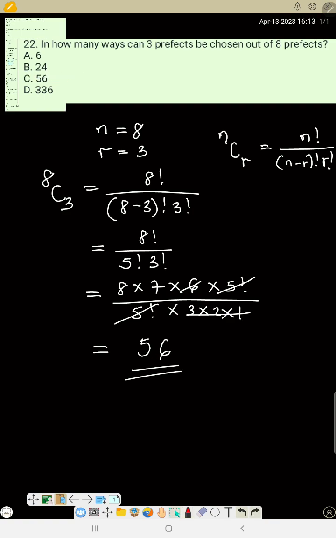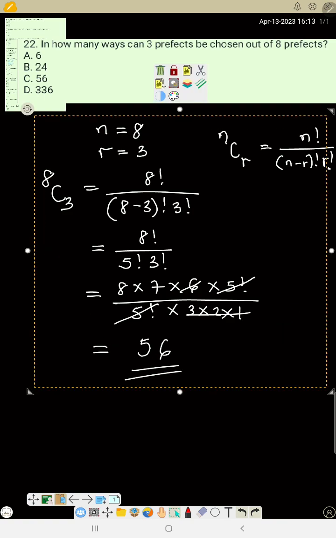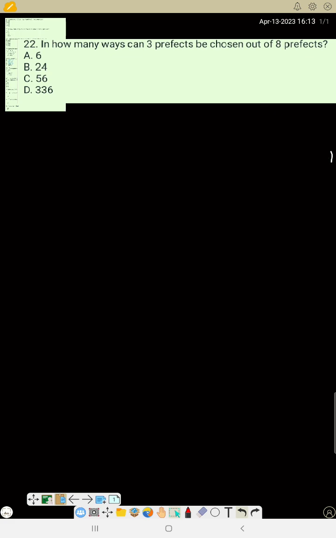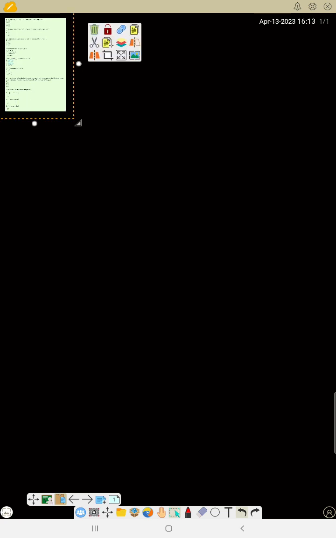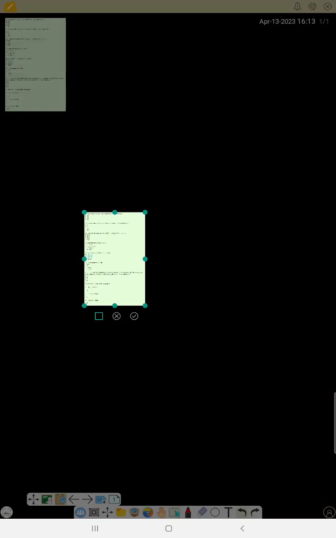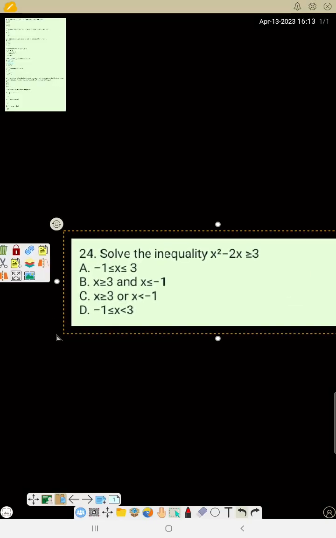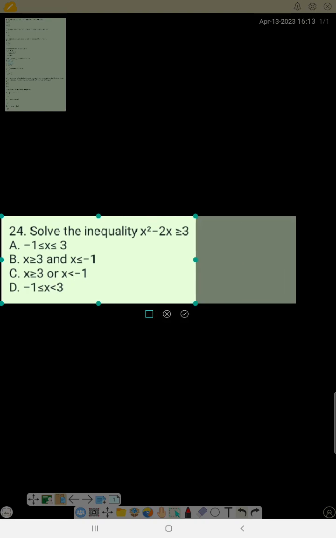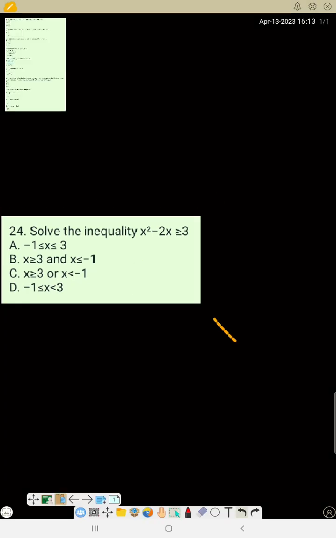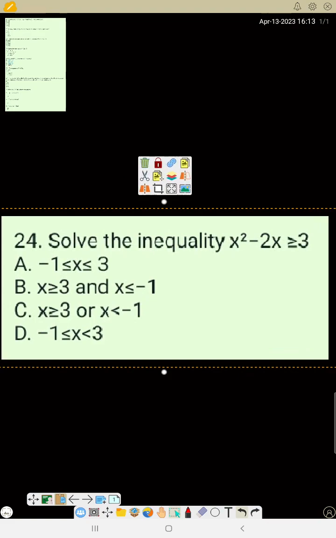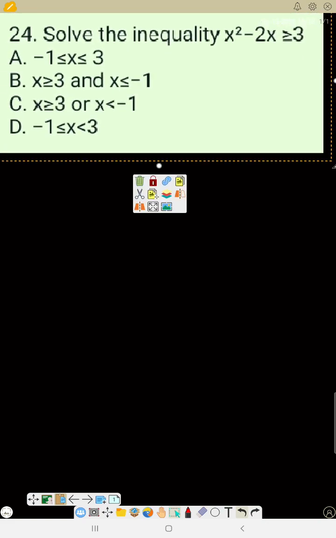So let's see number 23. So this is quadratic inequalities.